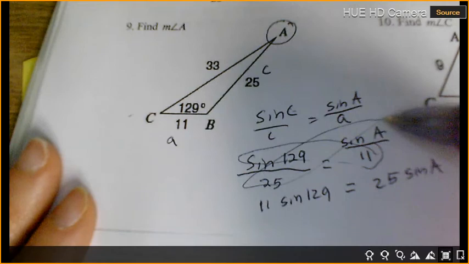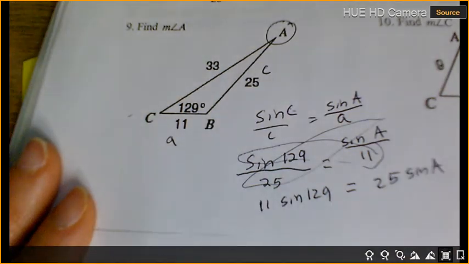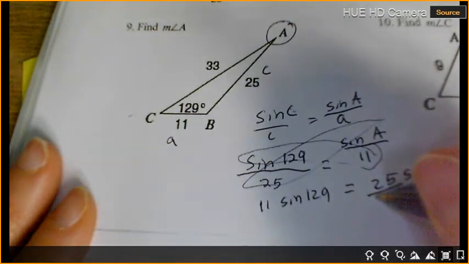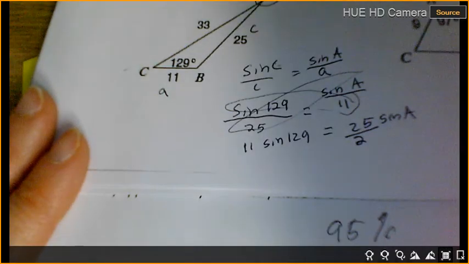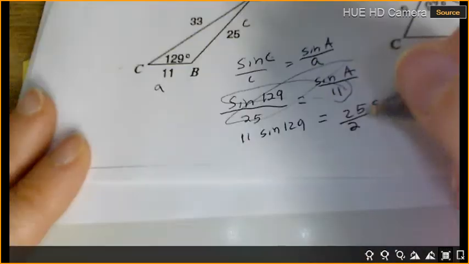If I wrote 25 sine A equals 11 sine 129, would that be the same thing? Yeah. So now I can only divide by 25.